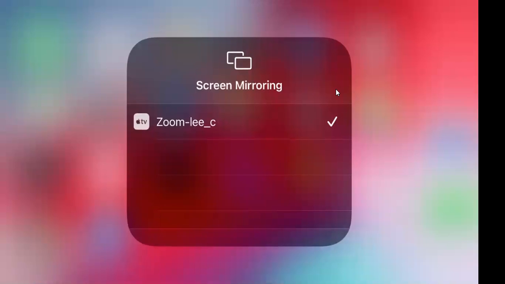Well, I've got my camera back on the phone, but the screen doesn't want to catch up.